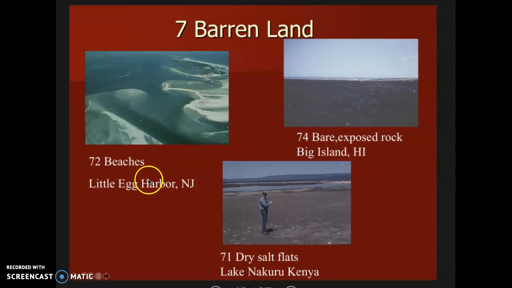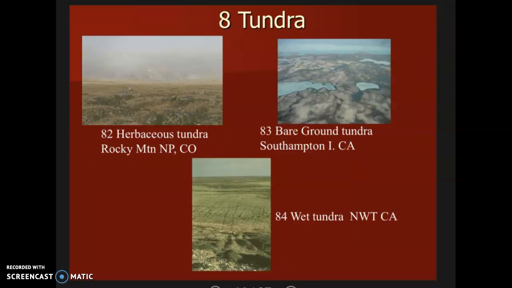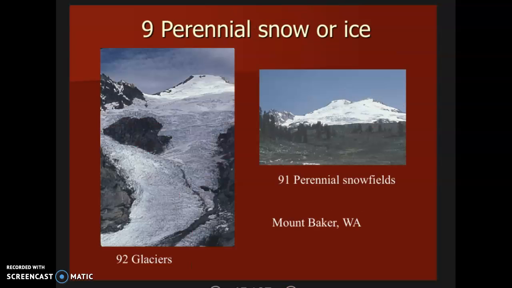This includes anything like beaches are considered barren land. Bare or exposed rock like a lava field in Hawaii. Dry salt flats. These are all barren lands. 8 is tundra. There's different types of tundra, as you can see there. And 9 is perennial snow or ice.